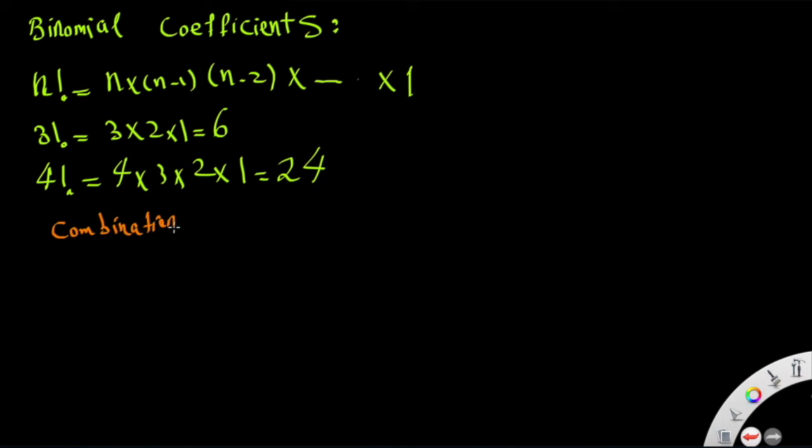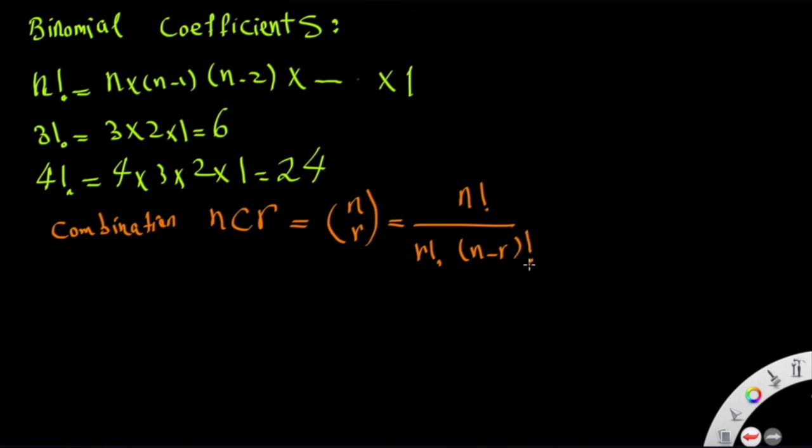Combination, nCr, or you can write in this form, combination of n and r. There is a key on calculators. You can directly find combination of n and r, but the formula for expansion of this combination is n factorial over r factorial times n minus r factorial.